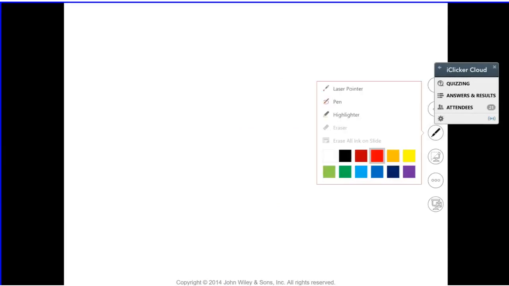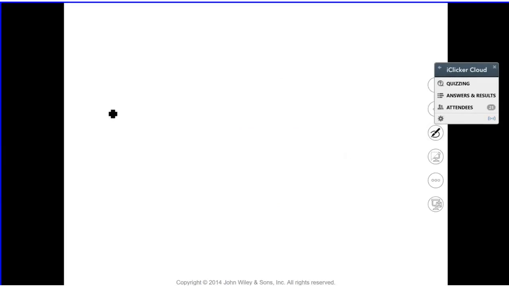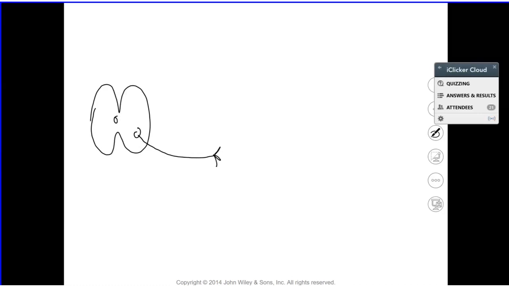Okay, our first motor neuron is going to be pretty short, and it's always going to release ACH. Since it always releases ACH, what do we call this first motor neuron?